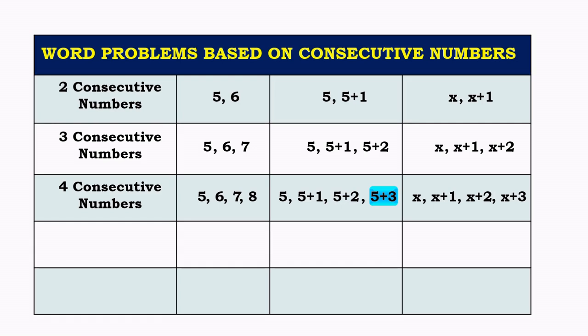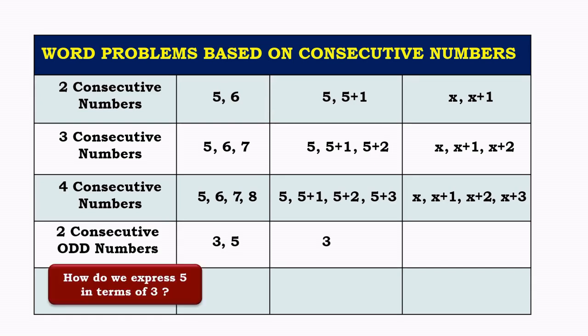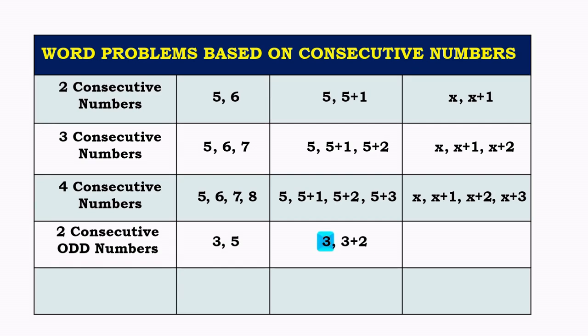Now let us look at consecutive odd numbers. For example, 3 and 5. Notice that the difference between them is 2. So, if the first odd number is x, the next consecutive odd number will be x plus 2. Therefore, two consecutive odd numbers are represented as x and x plus 2.